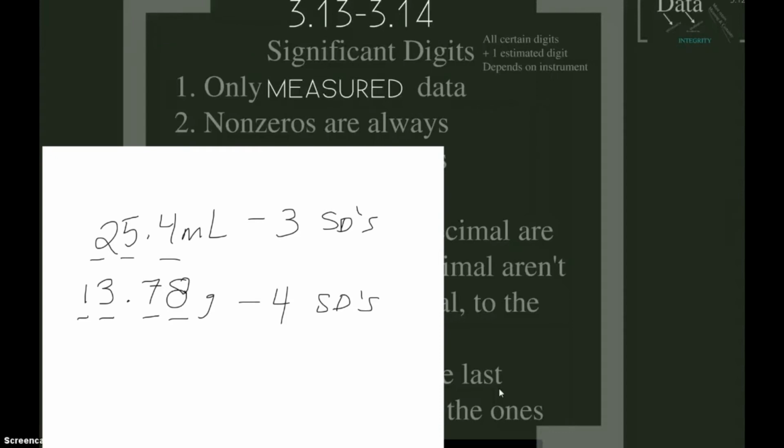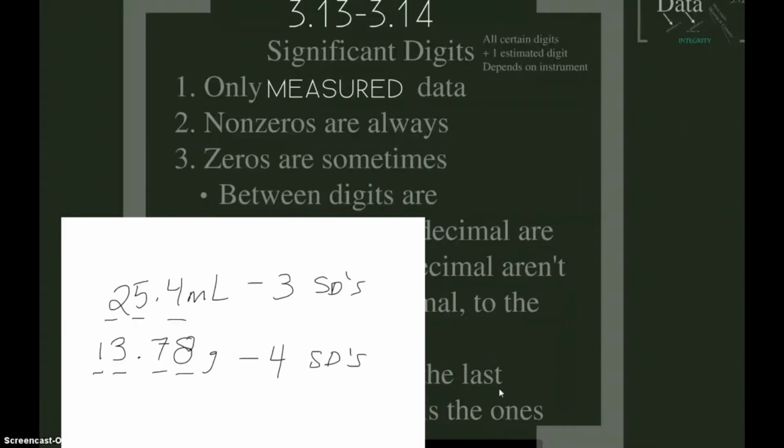And then our third rule comes with some caveats or some exceptions that we have to think about. The book breaks this rule down into a couple different ones, but we'll go through that. So zeros are sometimes significant, and this is when they are significant.